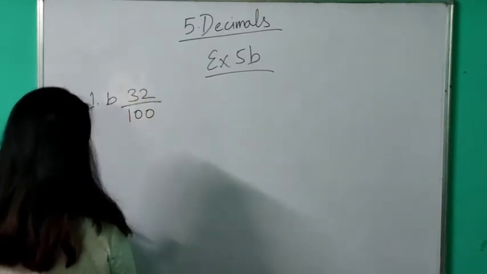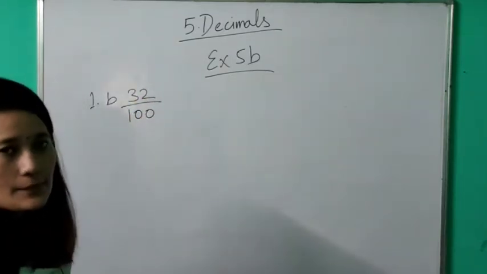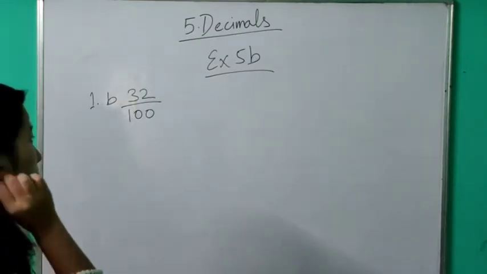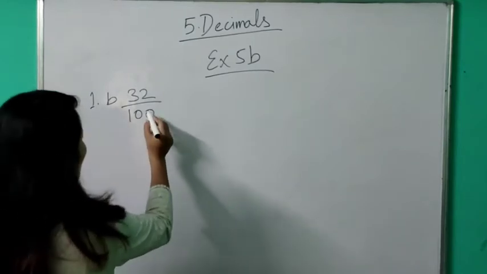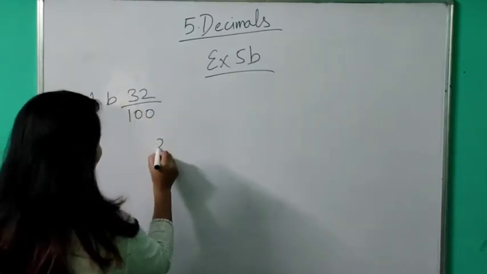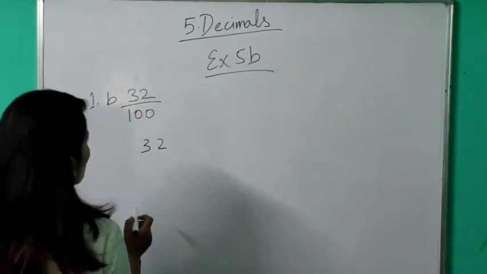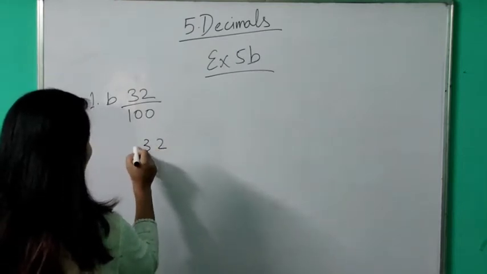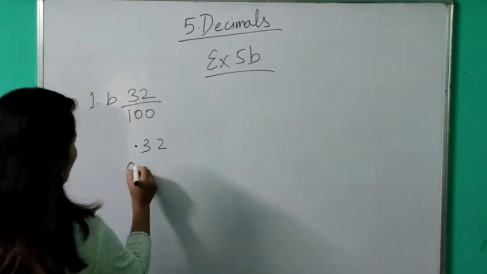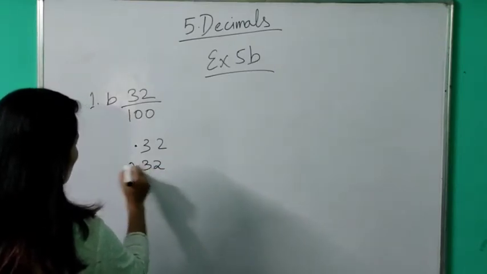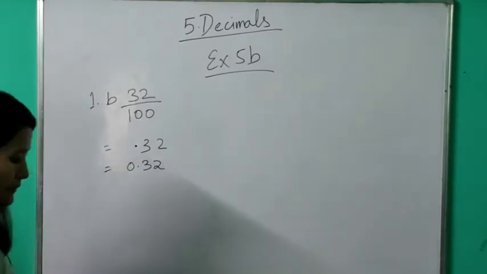Like I told you, the number of digits after the decimal point will be equal to the number of zeros in the denominator. So you have 2 zeros, so your decimal point will be after 2 digits, that is 1, 2. You place the decimal point here. You can also write it as 0.32. So this would be your answer.